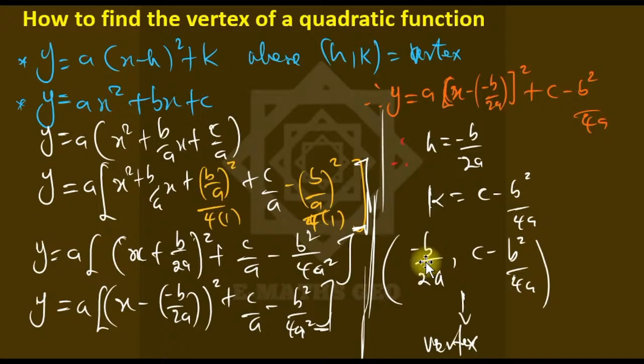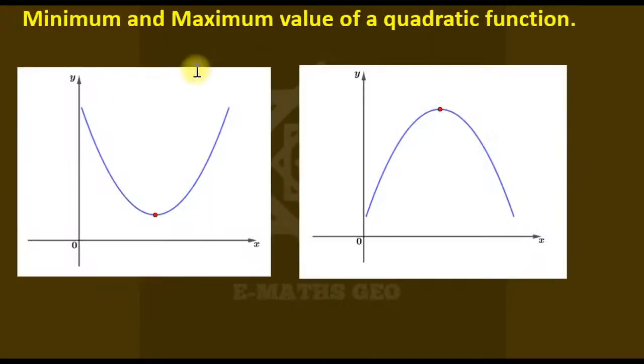So before we solve this, let's relate it to maximum and minimum. Look at this, the minimum and maximum value of a quadratic function has something to do with the vertex, yes. As I've said before, the quadratic function is either concave up or concave down.